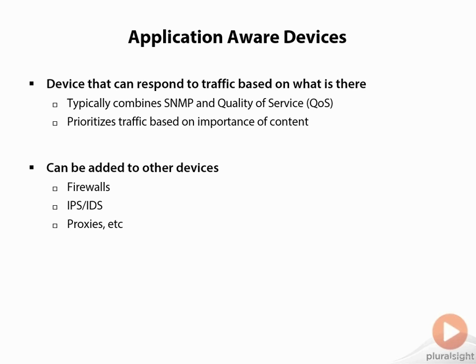And additionally, application-aware devices can be added to other devices, whether it be firewalls, IPS/IDS systems, proxies, etc. So, as an example, I might want to allow video traffic to have a higher priority than just web surfing, because if I drop packets when I'm browsing a website, it doesn't really affect my experience very much.